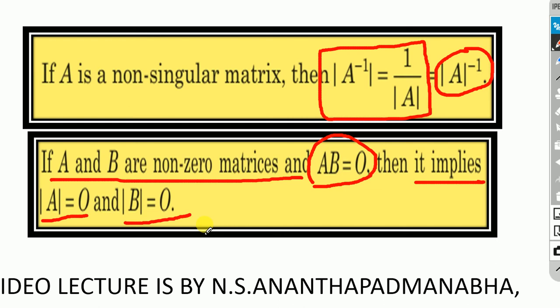That means if you have two matrices A and B and AB is 0, it is not necessary that A must be 0 and B must be 0 in the case of matrices. But here, in the case of determinants, if A and B are non-zero matrices and AB is equal to 0, then it implies determinant of A is 0 and determinant of B is 0.